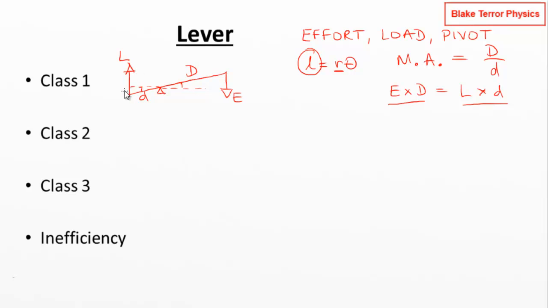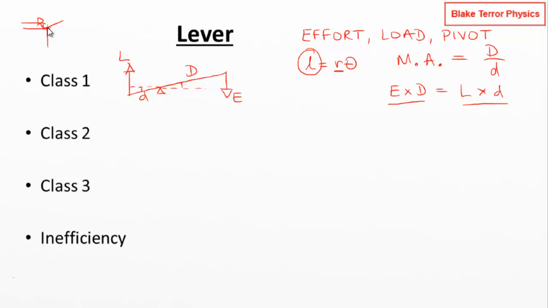A real world example of one of these class 1 levers would be a crowbar. So say you're trying to prise open the, I don't know, dried on lid of a paint can. So we've got our can with the lid on it. You stick the crowbar in, so the load is at this end. That's what we're trying to lift up.